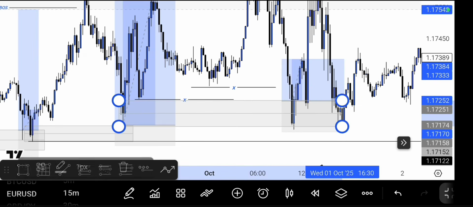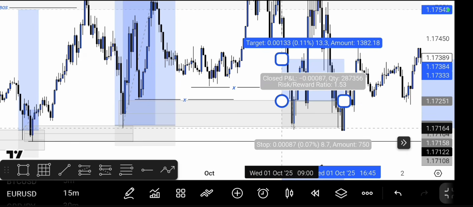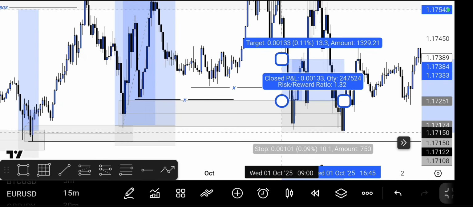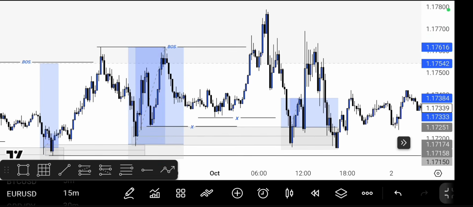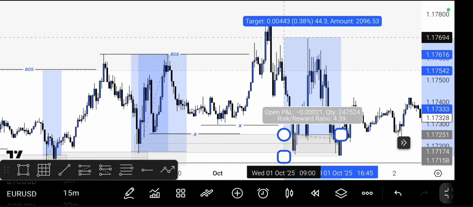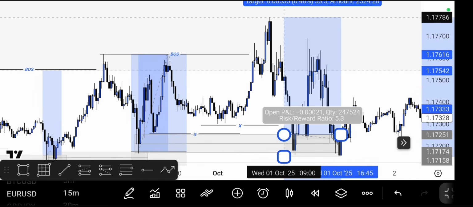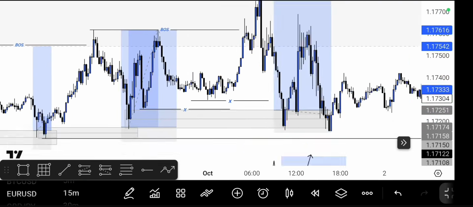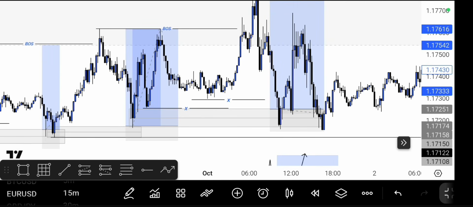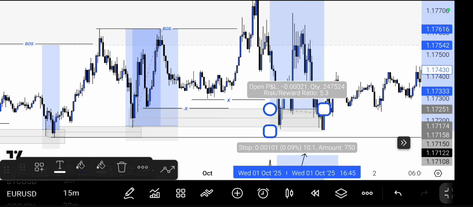I'm just gonna take it a little bit down. Our take profits will be all the way here. Now you see the market went all the way up and hit our SL.